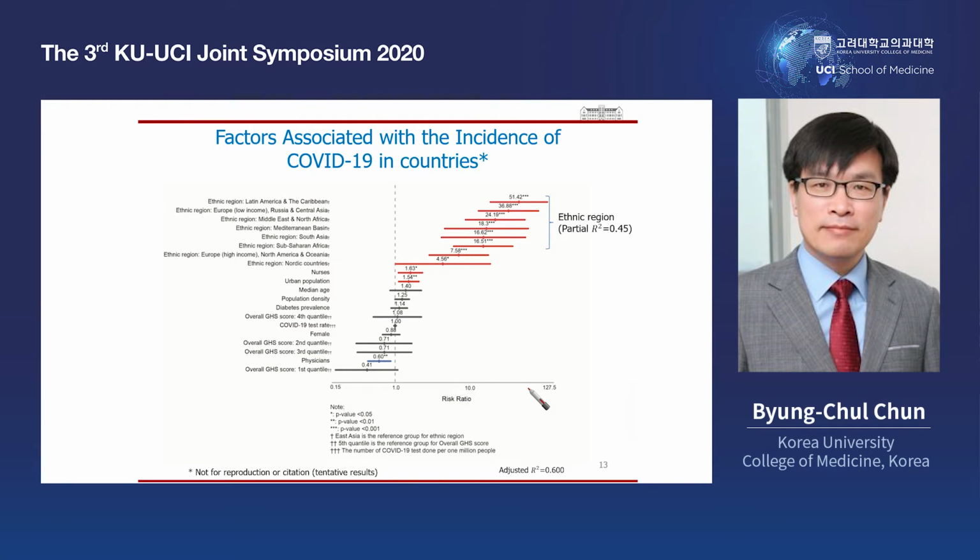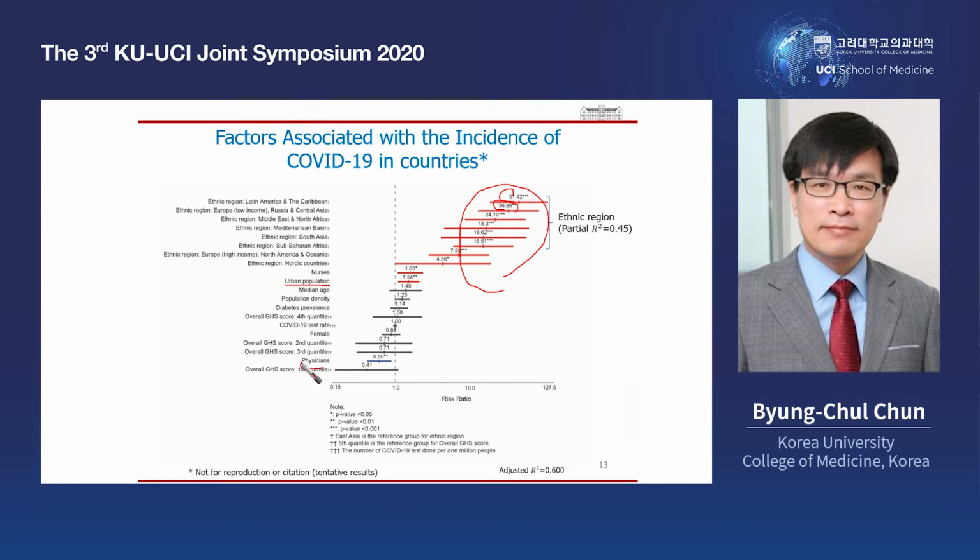From the multivariate analysis, we found the ethnic region has a strong effect on the incidence. You can see very high risk ratio in the ethnic group of Latin America, about 51, and Europe and Russia about 37, compared to East Asia. And you can see the urban population is also a risk factor.